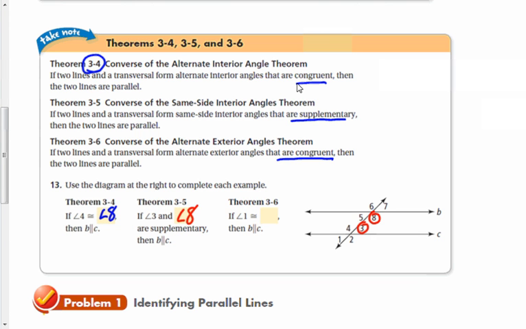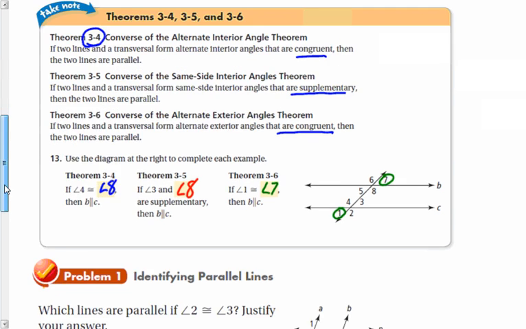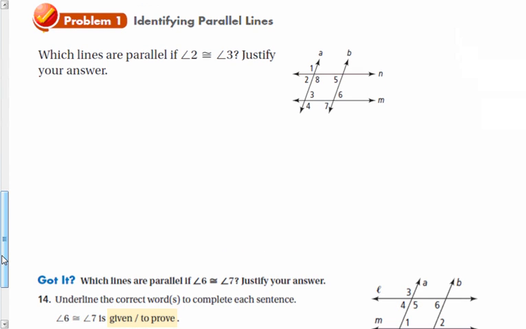And the last one, theorem 3.6, if angle 1 is congruent to angle 7, those are alternate exterior, then the two lines are parallel. All right, so we're going to use those and justify it with these new rules.